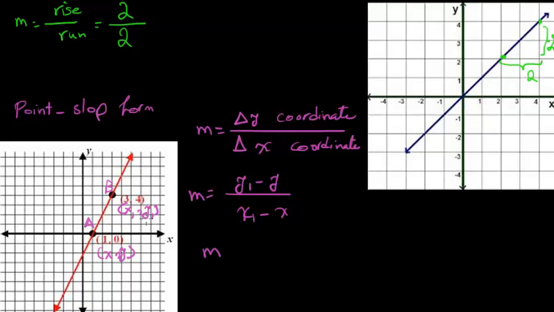So we have y1, which is 4, minus y, which is 0, over x1, which is 3, minus 1. We subtract them. We have 5 over 2, and this is our slope.